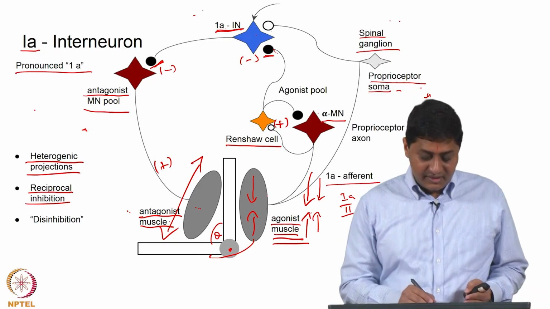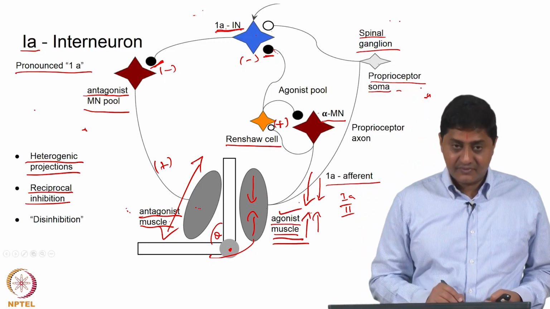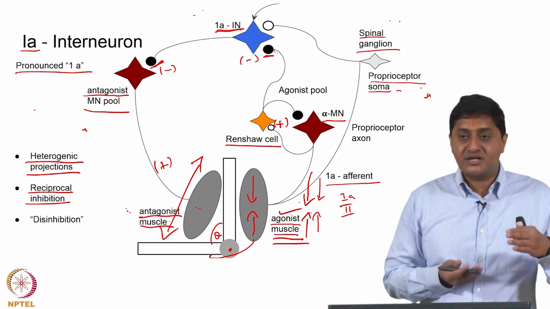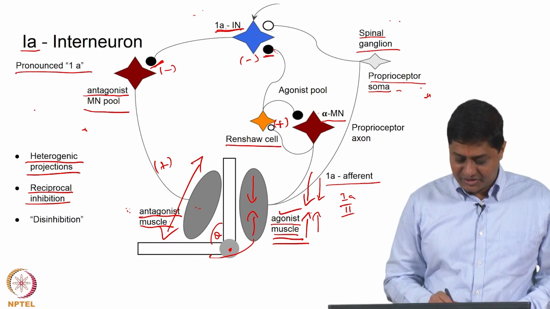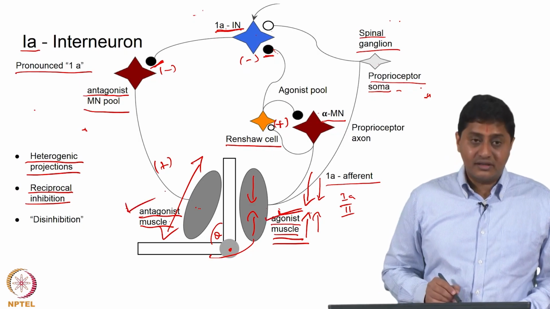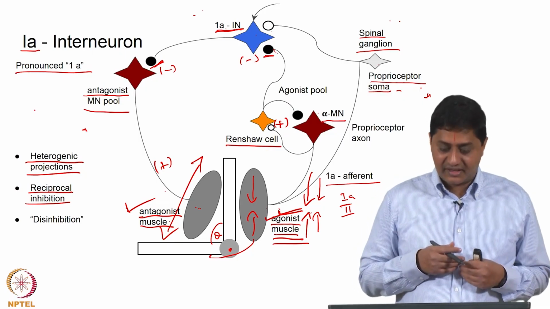I want to increase the probability that the antagonist will also contract so as to balance the contraction provided by the agonist. So as soon as this agonist is contracting, I want to contract the antagonist, or at least increase the probability that it will contract, right.